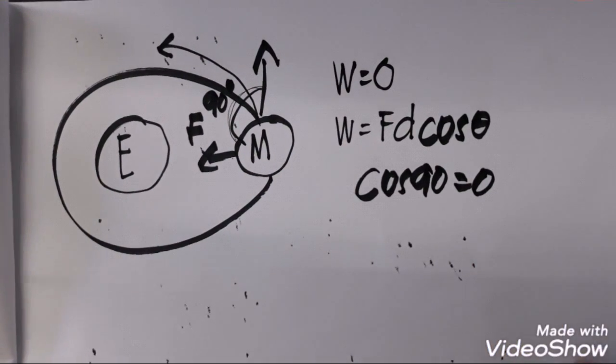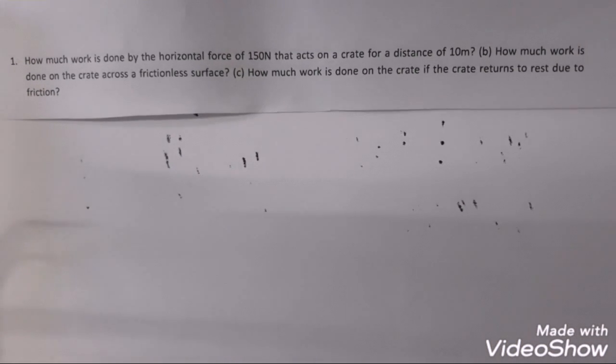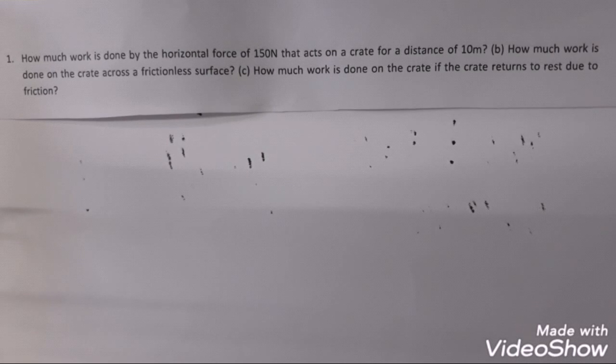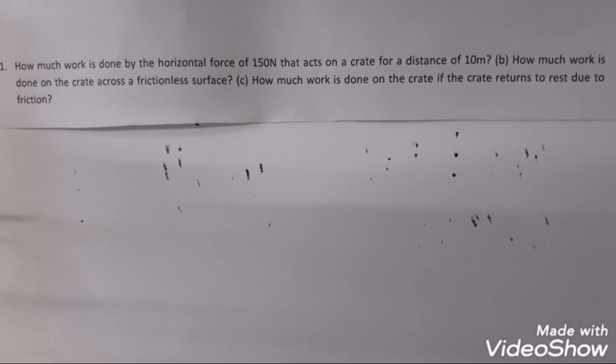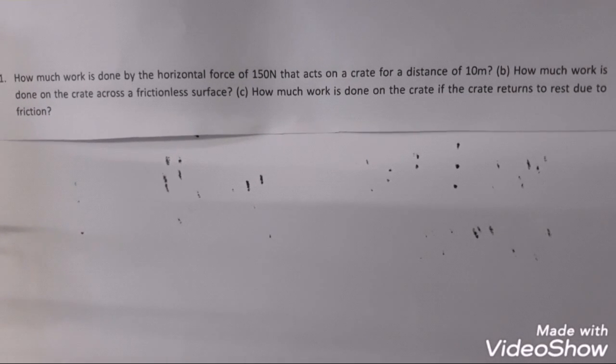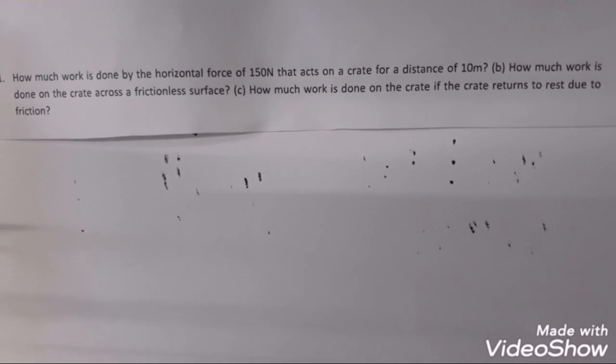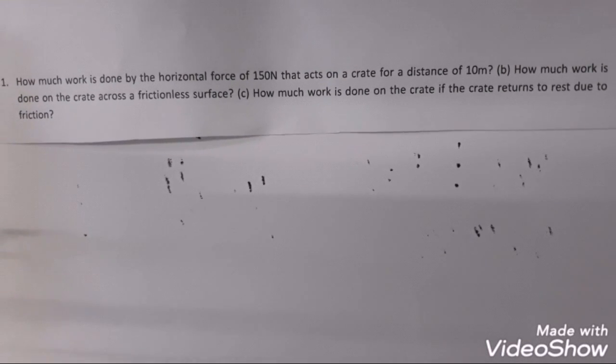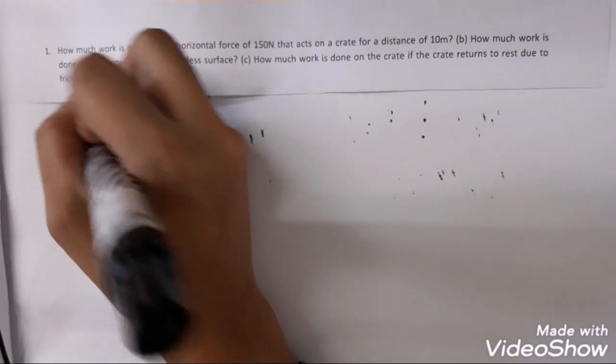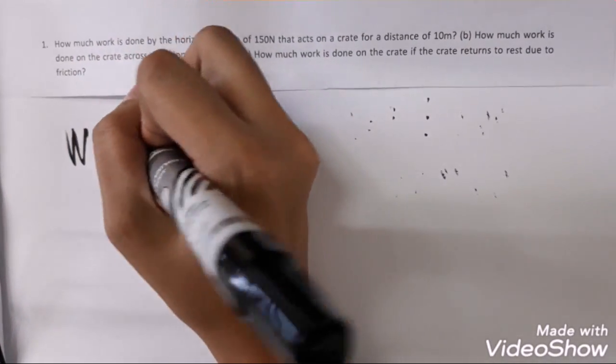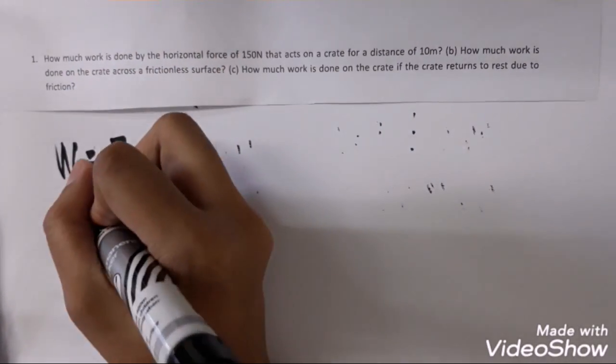So now let's have some exercises about work. So here's question number 1. How much work is done by the horizontal force of 150 Newton that acts on a crate for a distance of 10 meters? So work is equal to force times displacement.